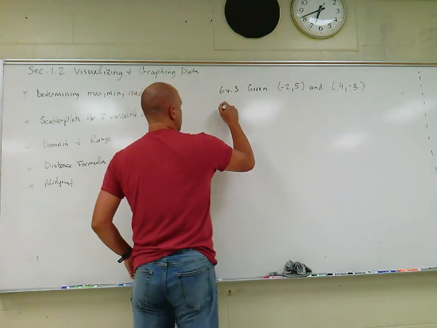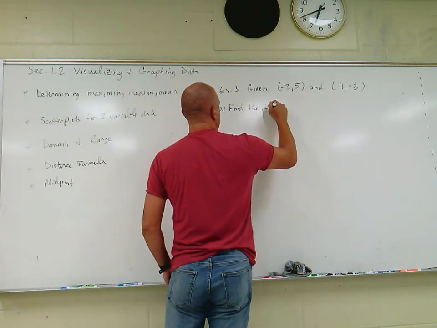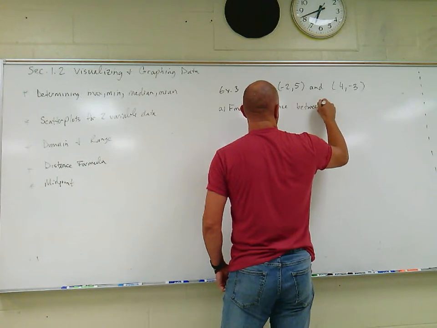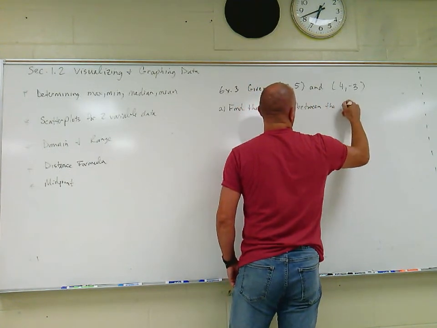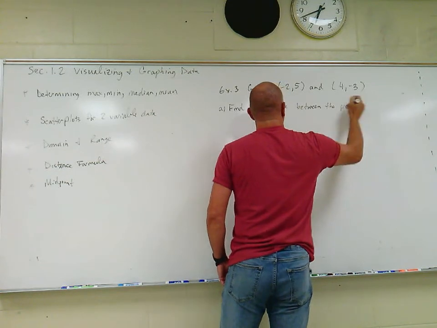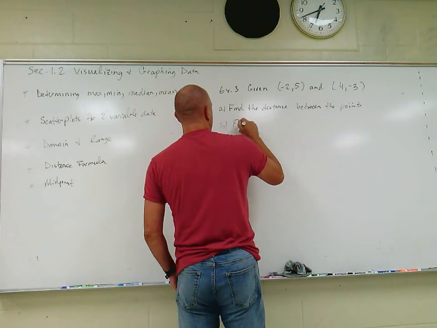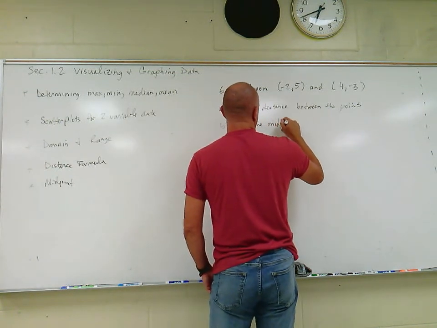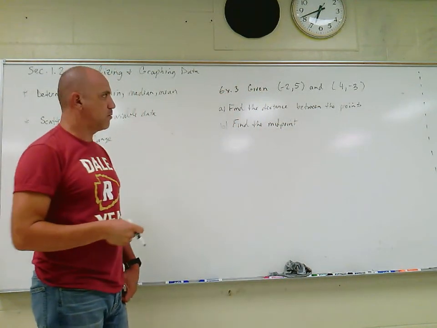And so we want to find the distance between the points and a middle point, midway between those two. So we want to find the midpoint. There's a formula for each of these that you would have done in your integrated math. So I'm just going to give you a refresher.